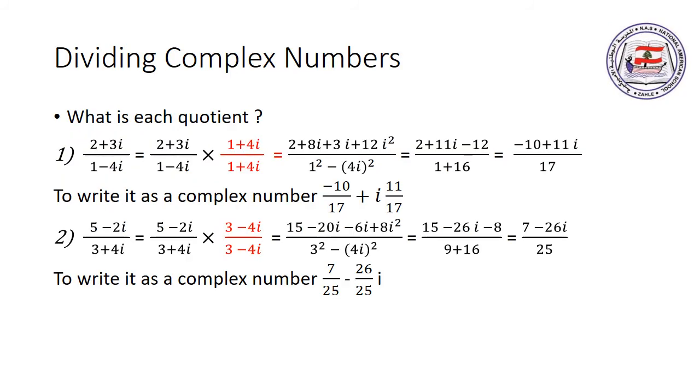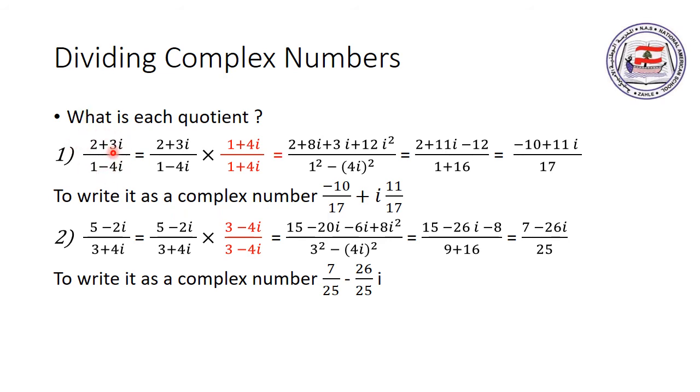The last operation we will talk about is dividing complex numbers. How can we find the quotient of two complex numbers? In example 1, 2 plus 3i over 1 minus 4i. Finding the quotient of a complex number mainly depends on reducing this quotient or writing this quotient in the form of a plus ib.